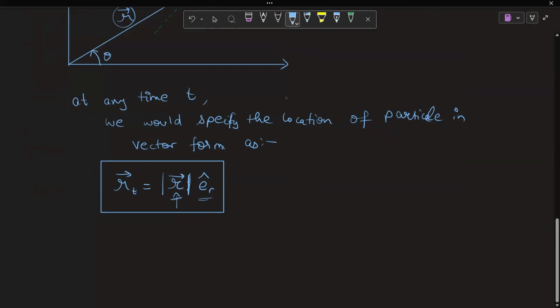So we got the position vector of the particle at any time t from the origin as r multiplied by the unit vector in the direction of r.